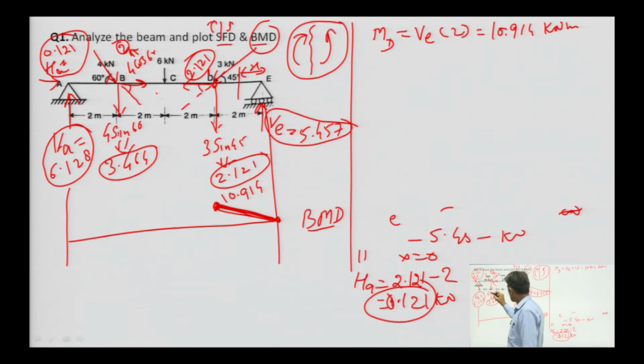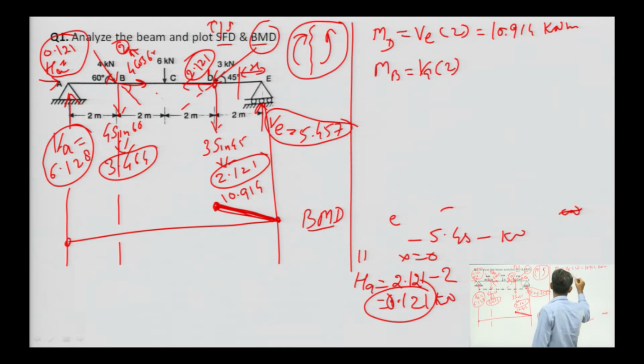Similarly, you plot the bending moment for the AB segment. So, bending moment at point B will be what? It is VA into perpendicular distance 2, okay, and you take the sign for the left hand side. Left hand side anticlockwise has to be taken as positive as per this sign convention.